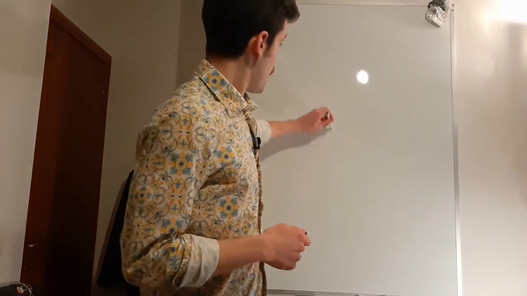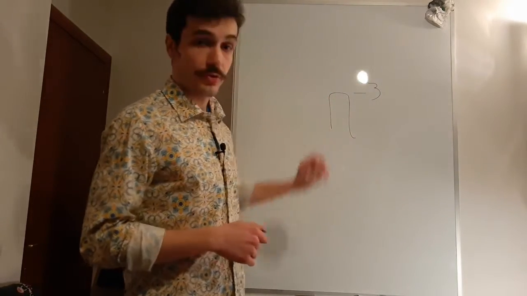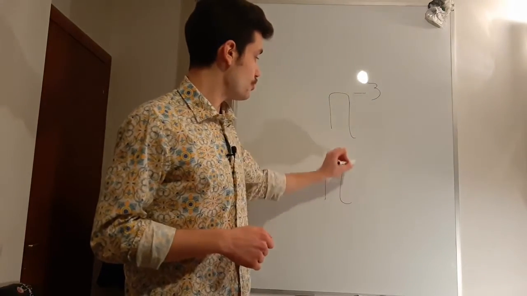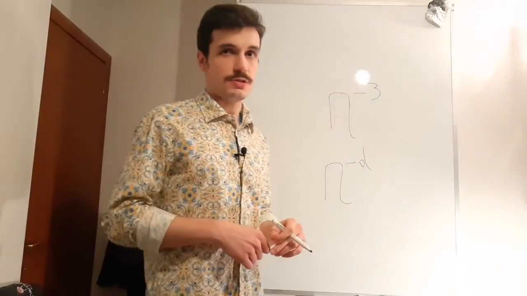So one big problem of molecular dynamics and Monte Carlo when using periodic boundary conditions are the long-range interactions. Thus, interactions that decay slower than r to the power of minus 3 if we are in 3 dimensions, or if we want to be more general, r to the power of minus the number of dimensions.